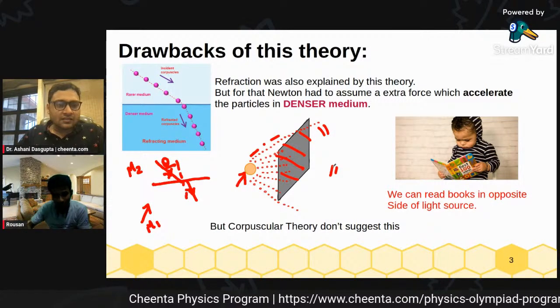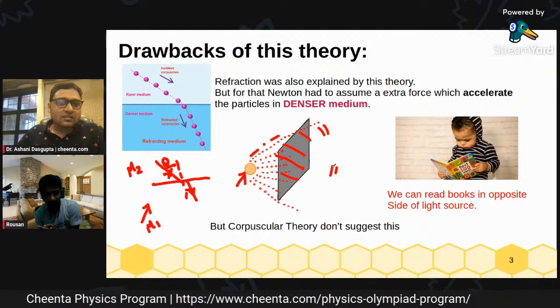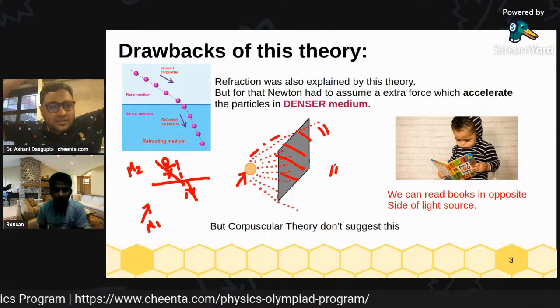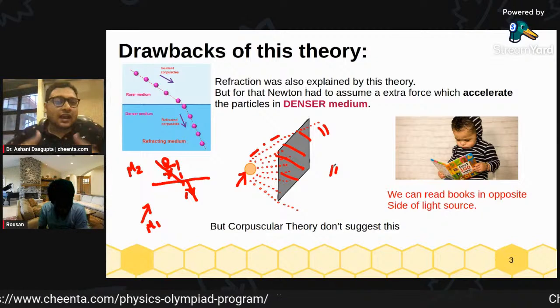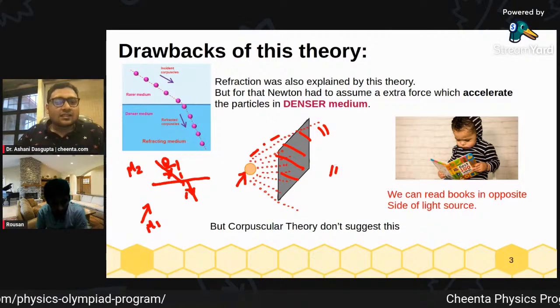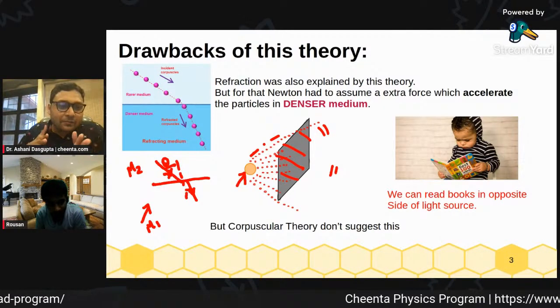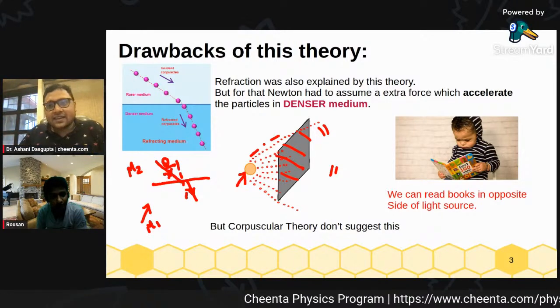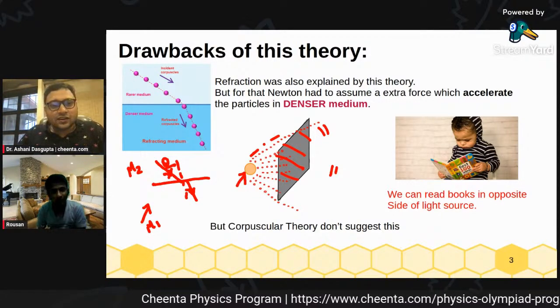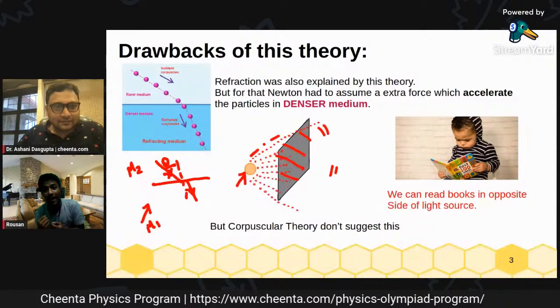Right. The object will completely block the particles. It's like, suppose there is a sheet of glass, maybe then the particles cannot really penetrate the glass. I mean, they have to sort of bounce back. Exactly.